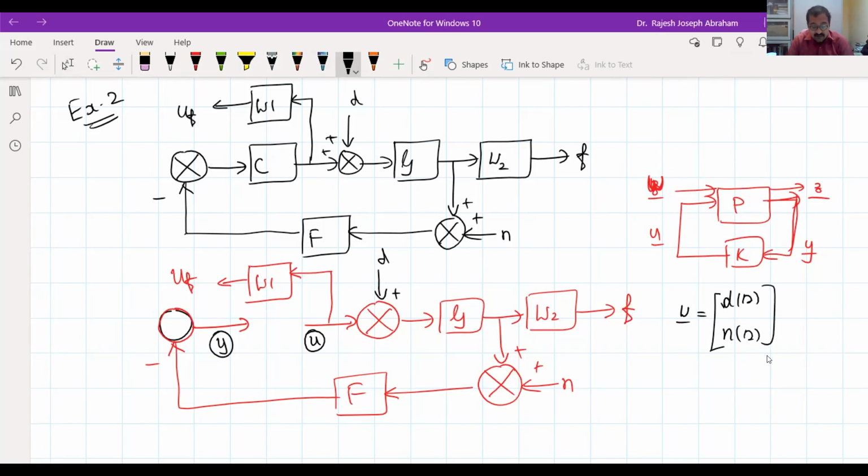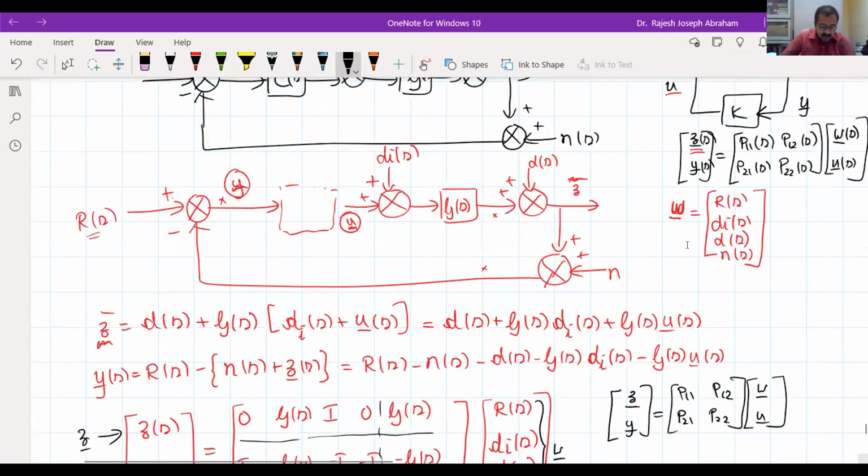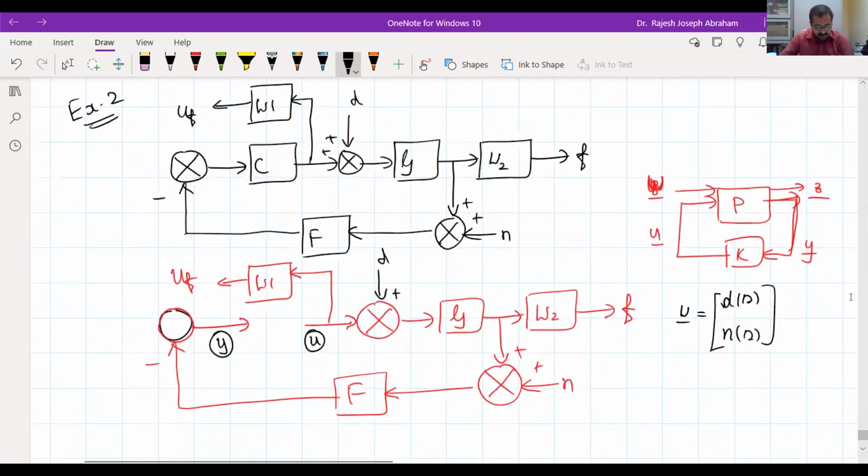There is no reference input R here. Keep in mind, in the previous example, we had a reference input R, a command signal R of S, right? But in this case, there is no command signal R of S. So the only two exogenous inputs to the system are the low frequency disturbance D of S and the high frequency noise N of S.